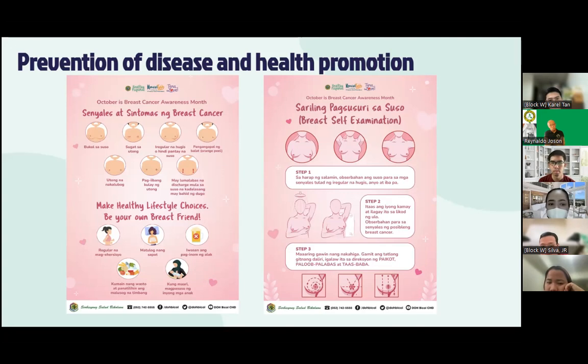Also, all women should be advised to have their baseline mammogram starting at 40 years old, every 1 to 2 years, with or without clinical breast exam, or as early as 35 years old if with first-degree relatives with breast cancer. Next slide, please.